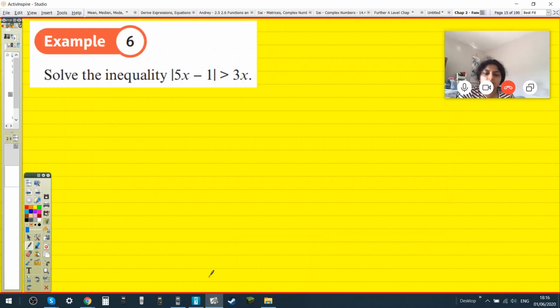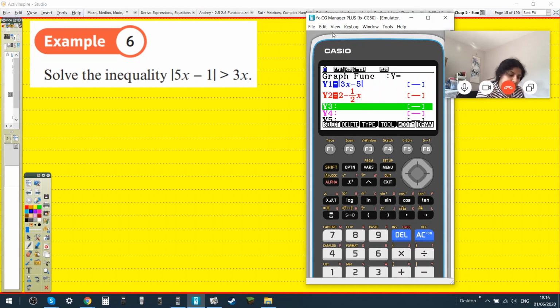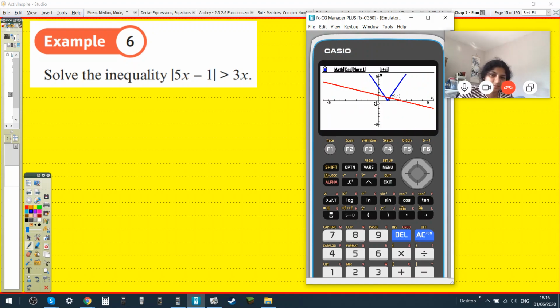Here we go. How do we do this one? First you just solve it like normal. X is greater than a half. And then do it the other way.